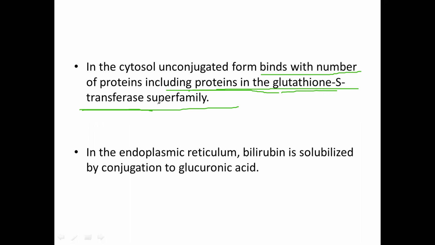First, after binding with this protein, this bilirubin will not efflux back into the serum, right? So first, the importance is that this unconjugated bilirubin will not be able to reverse back into the serum, and secondly it will be presented for the conjugation of bilirubin.